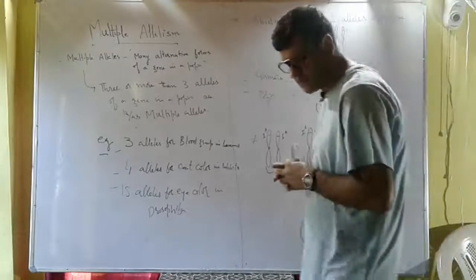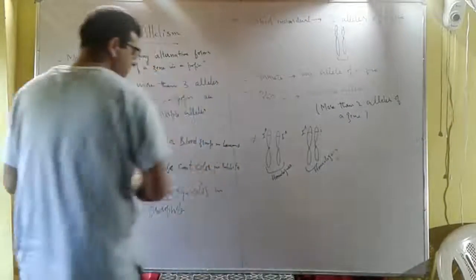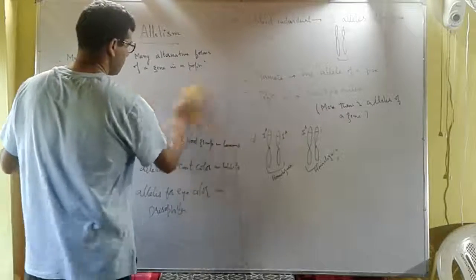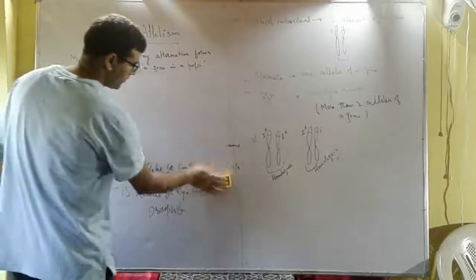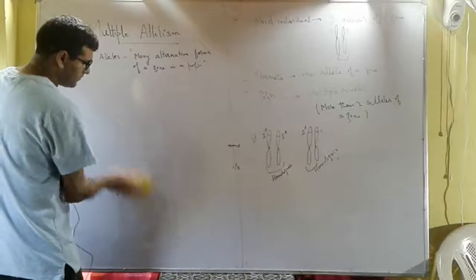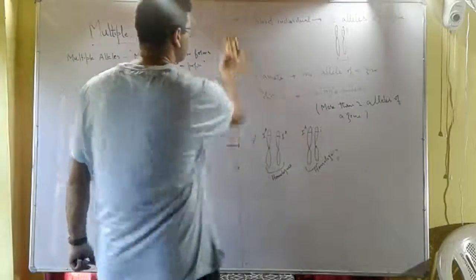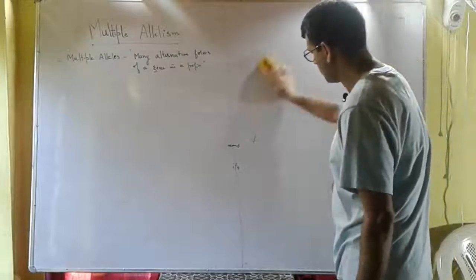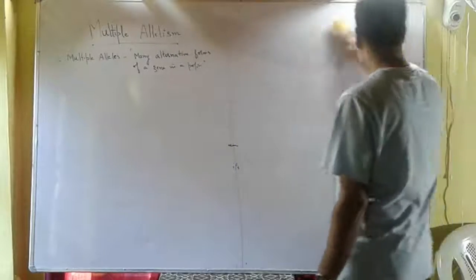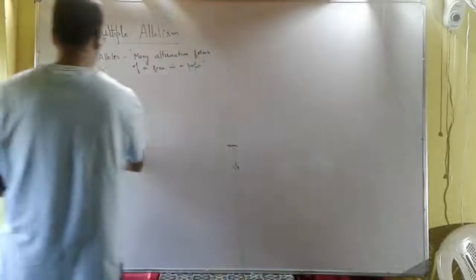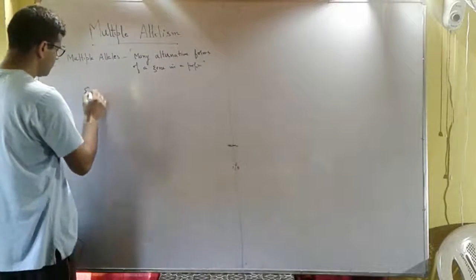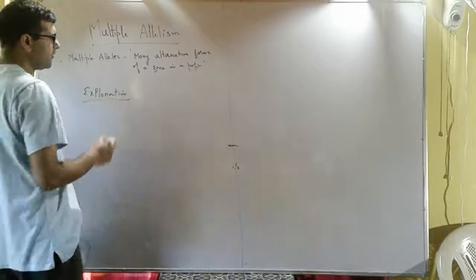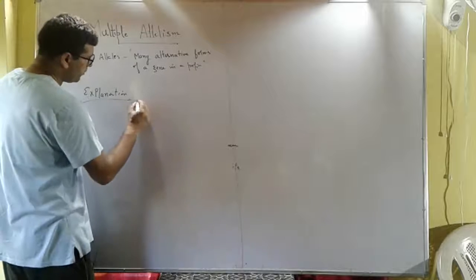So we will explain multiple allelism with the help of blood group in humans. One of the best examples of multiple allelism is blood group in humans.